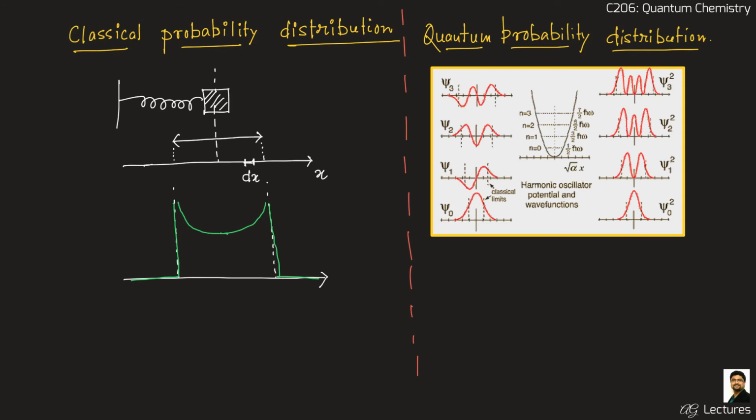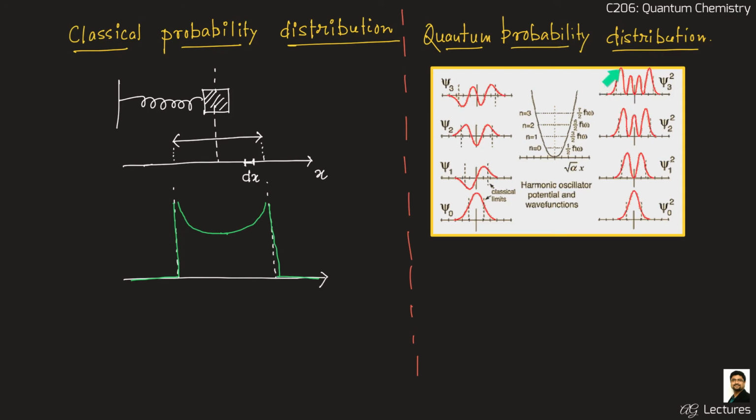Now, if we just keep on increasing n from 0 to 1 to 2 to 3, we see that slowly the probability distribution is taking a form having a higher probability towards the edge, right? It is just psi 3 squared, nothing else. This is psi 3, you just square it and it is this.